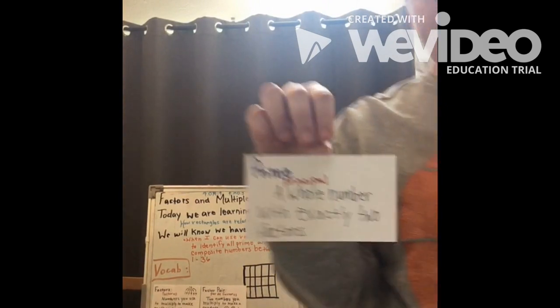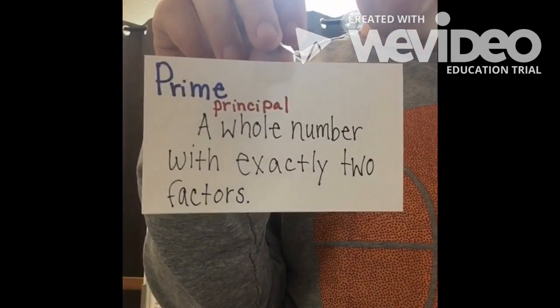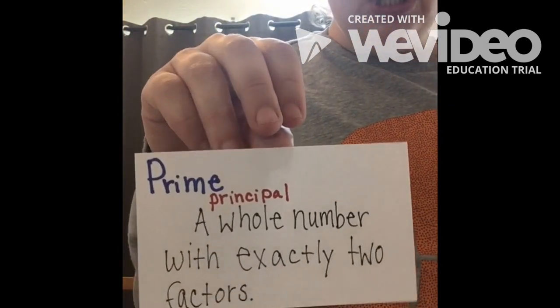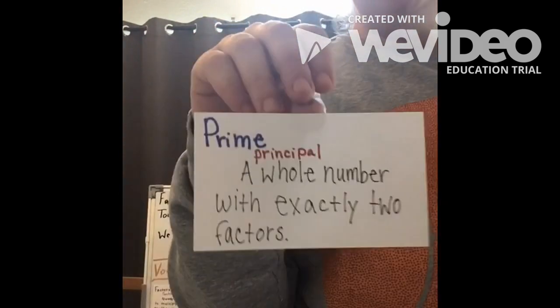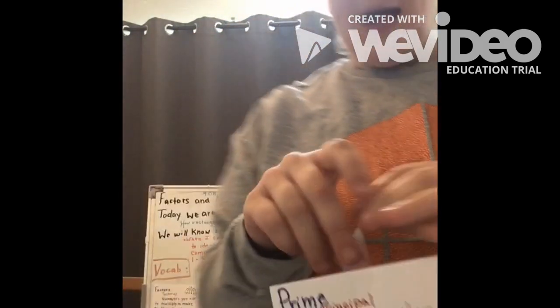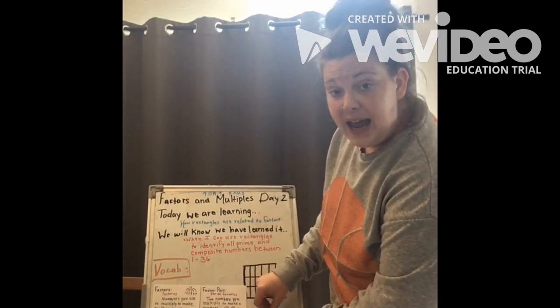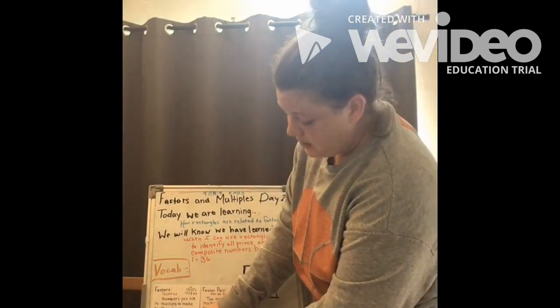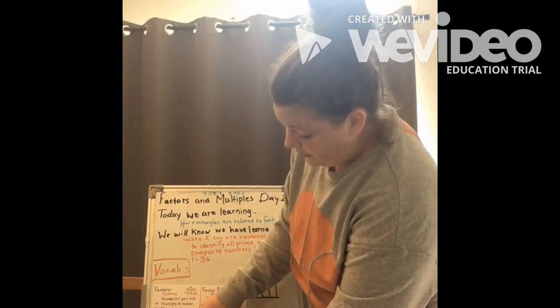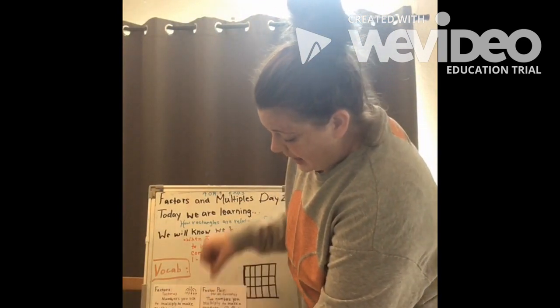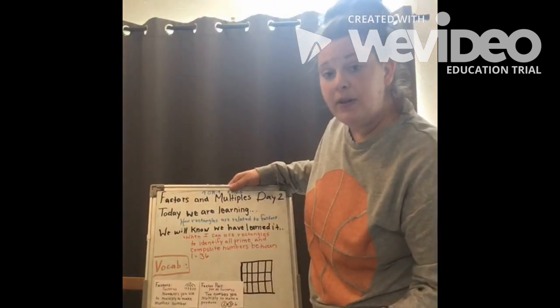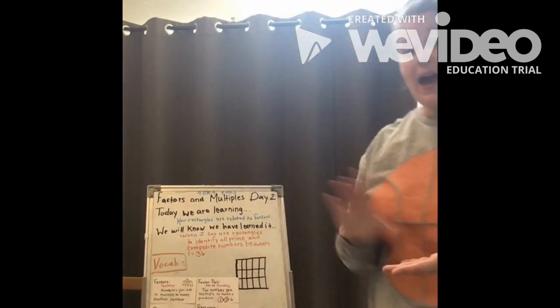So prime, or principal, as it's in Spanish, is a whole number with exactly 2 factors. Exactly means it doesn't have any more factors than that, but it also doesn't have any fewer factors than that. A prime number is a number that has exactly that many factors.